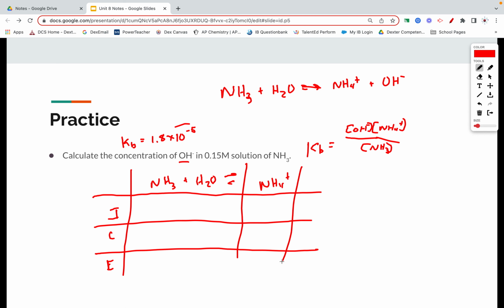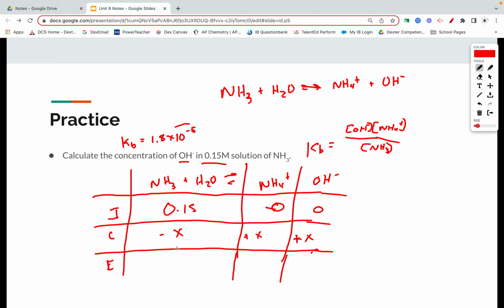And remember, we're just going to ignore our water. It's a liquid, so it doesn't matter. Our initial concentration of our base is 0.15. Our conjugates, our ammonium and hydroxide, are 0. The change is going to be minus X and plus X.